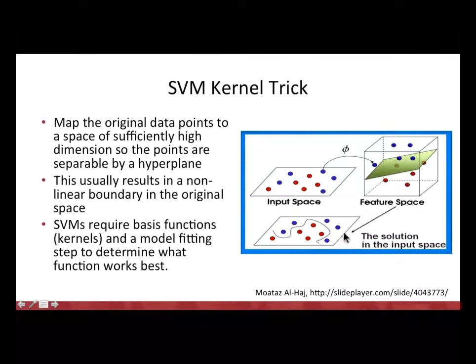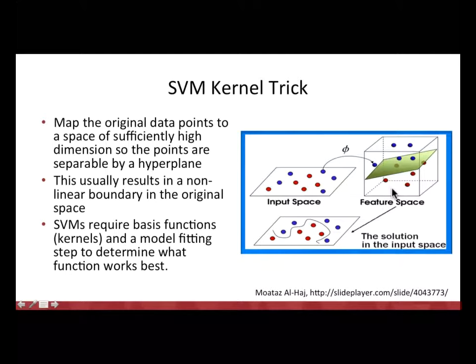And then when I map it back, what you get is one of those funky nonlinear things, right? And that's how you generate these interesting boundaries that do a really good job of separating them, but they do not look like a plane. They're these funny curves. And this is one of the tricks that you use for doing that, by increasing the dimensionality of the problem until you can find a hyperplane.